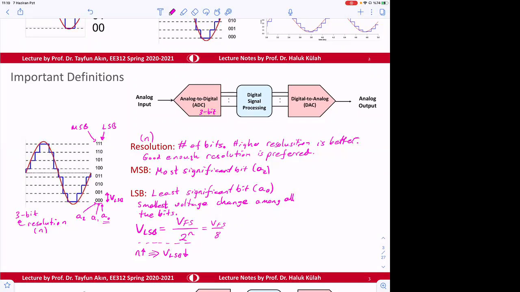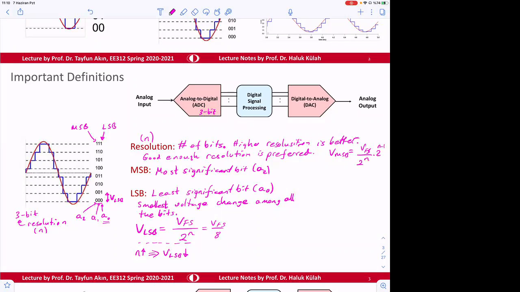The most significant bit voltage, V most significant bit, affects the voltage by V full scale divided by 2 to the power n, times 2 to the power n minus 1.